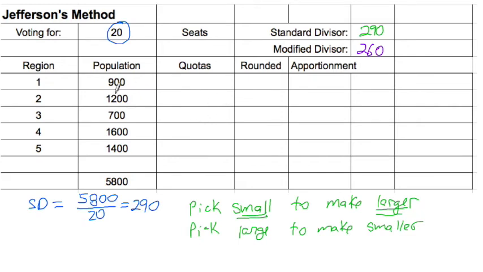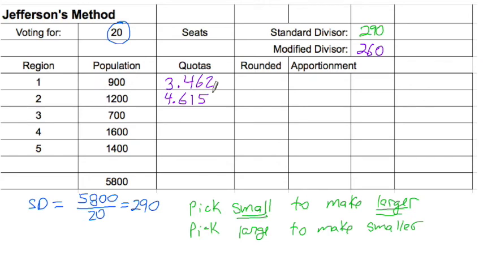Alright, so let's go through and divide everybody by 260. So 900 divided by 260, we get 3.462. 1200 divided by 260 is 4.615. And there's a lot of numbers that'll do this, so this is just guesswork. You don't have to divide by 260. On my spreadsheet, 250 worked perfectly fine too.